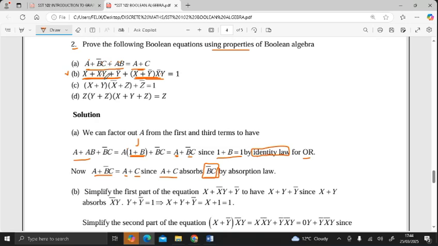You see, there is need for the distributive law coming in force here. So how about dealing with this first? When we look at this, you realize that this one is x plus x and y, of course. Plus, of course, that is or, this one is and. So what we're supposed to do is to see how best we can manipulate that.